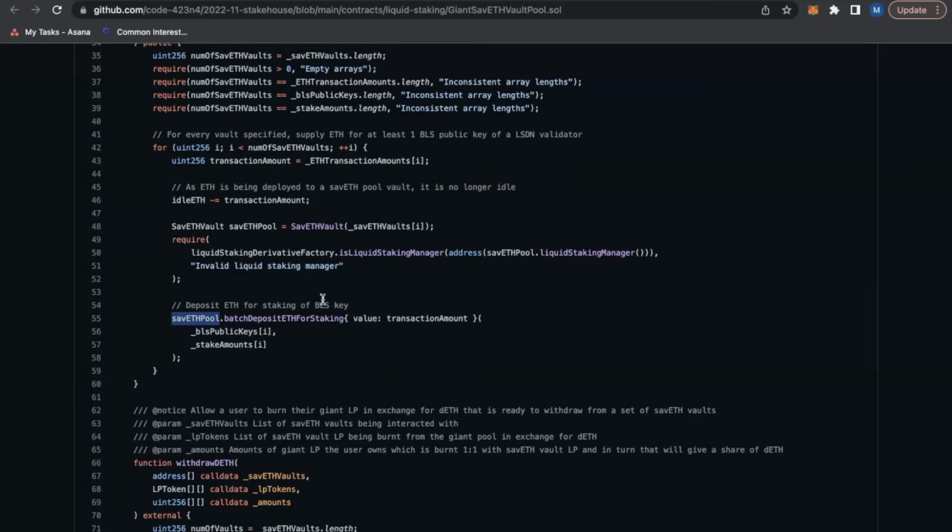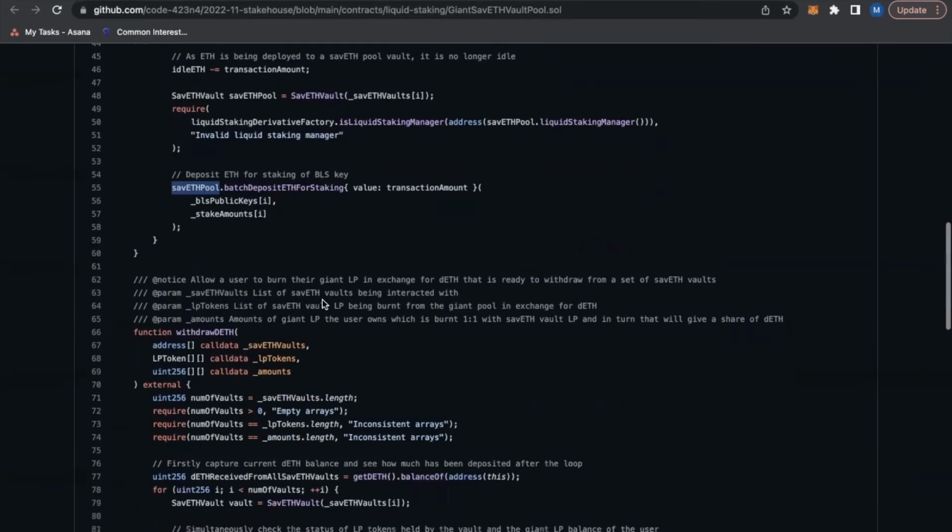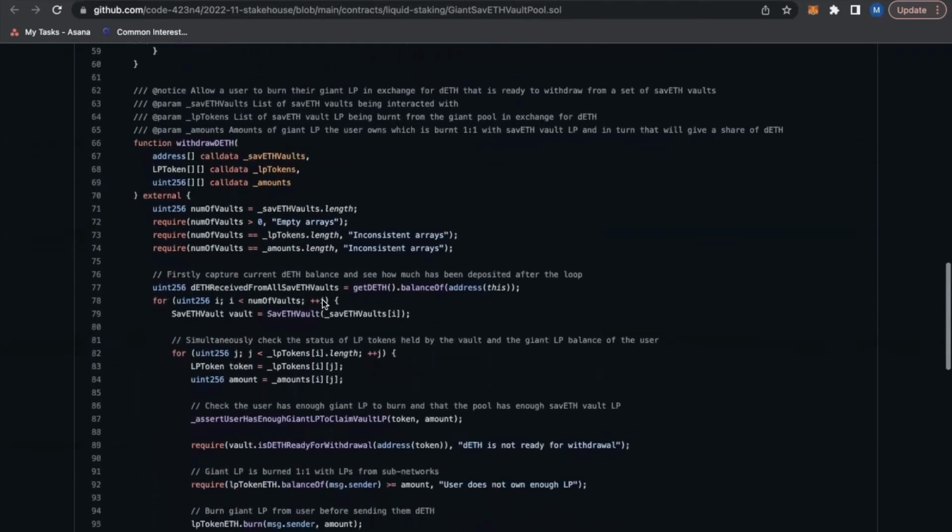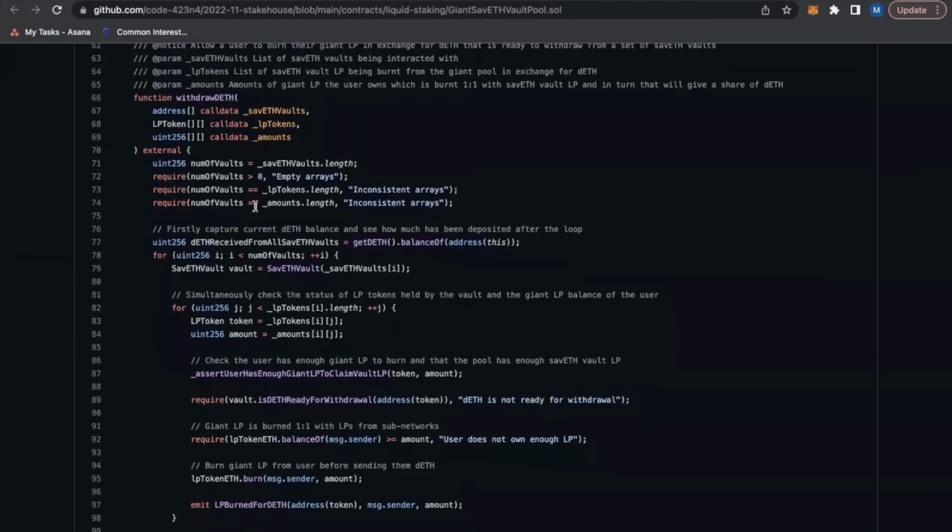So as soon as any of the node runners calls in the ethers from the giant pool, you will get back LP tokens from each of the individual liquid staking network's protected staking pool, meaning that now your one giant LP token, the GETH LP token, is redeemable for any of those individual protected staking pools' LP tokens. And that's how you will be earning rewards later on, because you have to have something to back your LP token, right? So that's the idea. Got it. Okay.